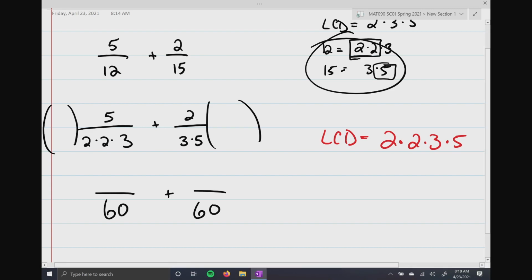Everyone just watch the screen. This is how easy it is to add and subtract fractions with unlike denominators. Ready? If I can break down that denominator, 2 times 2 times 3, I could put check marks above them. What's the only number that I can't put a check mark around or above? What's the only number? Somebody tell me. 5. So I'm going to multiply the first fraction by 5 over 5.